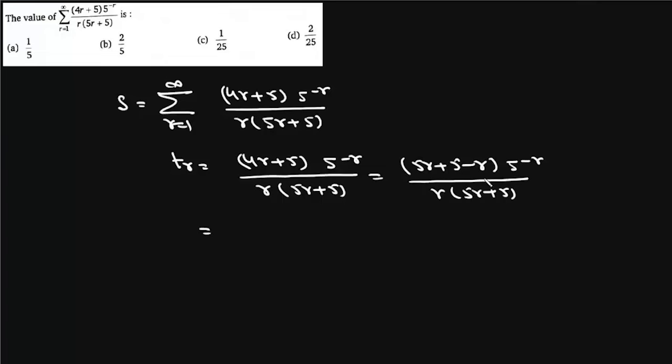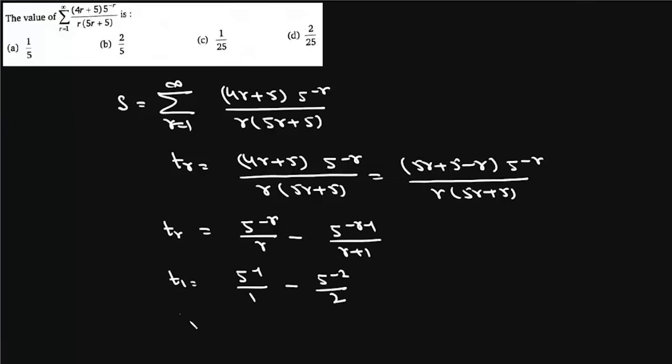Now for this first one, 5r plus 5 will cancel, so we get 5 to the power minus r upon r minus, and here r will cancel, and if we take 5 common, there will be 5 to the power minus r minus 1 upon r plus 1, and that's your rth term. Now this first term will be 5 to the power minus 1 upon 1 minus 5 to the power minus 2 upon 2.